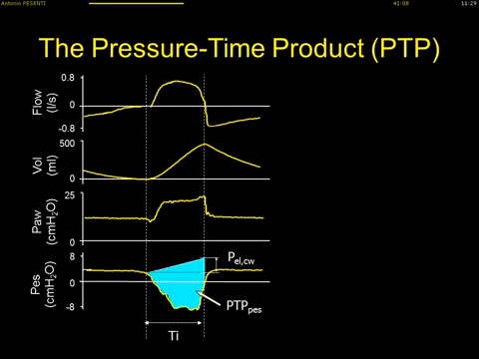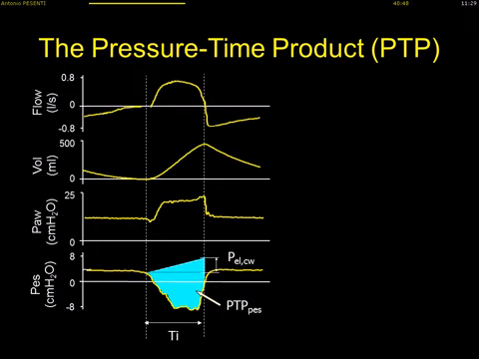Next to respiratory work, we have the pressure time product of the respiratory muscles. You need an esophageal pressure. This area: you have to integrate the negative pressure over time. It tells you how much the patient is really working.